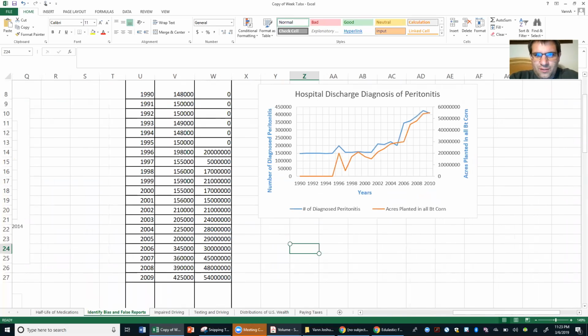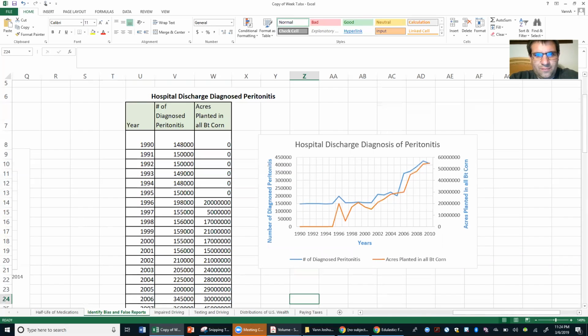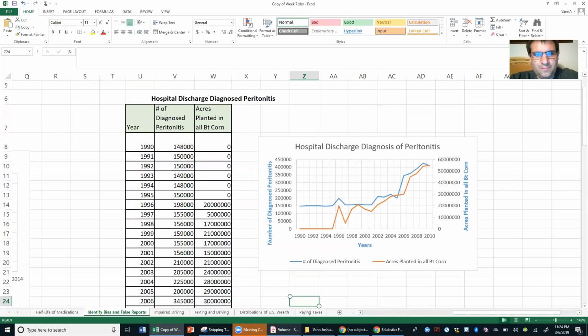Then we went into people who had a hospital discharge diagnosis of peritonitis. I believe that's how you say it. I'm not sure.